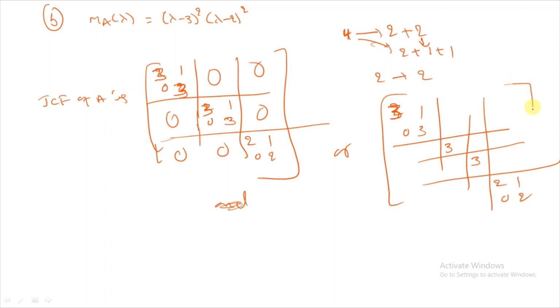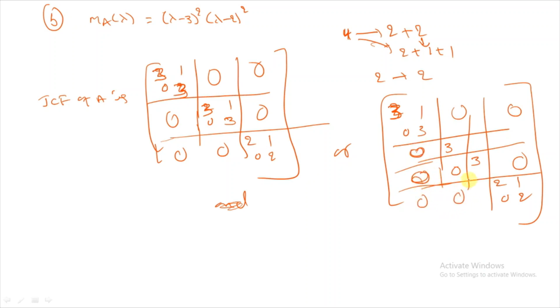All the other entries are zeros, a zero matrix. This is the canonical form. Okay, thank you. I'll stop here.